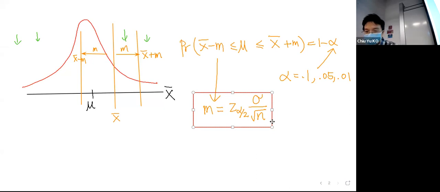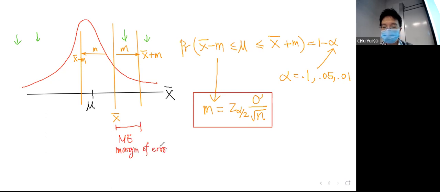Before the break, and before we do that, I talk about some terminology here. Look at the slide. This is what we call ME, the margin of error. This upper value is called UCL, the upper confidence limit.